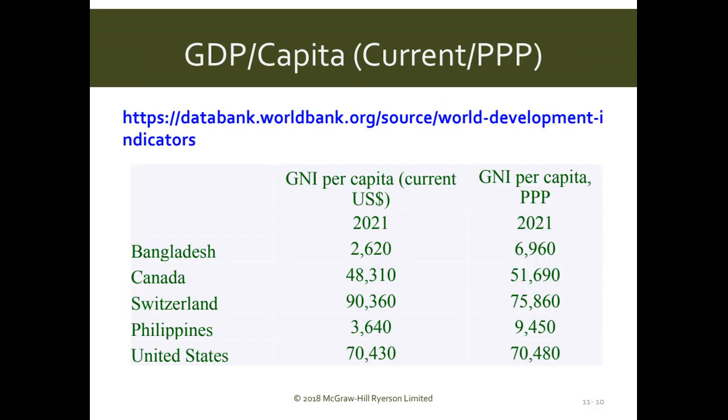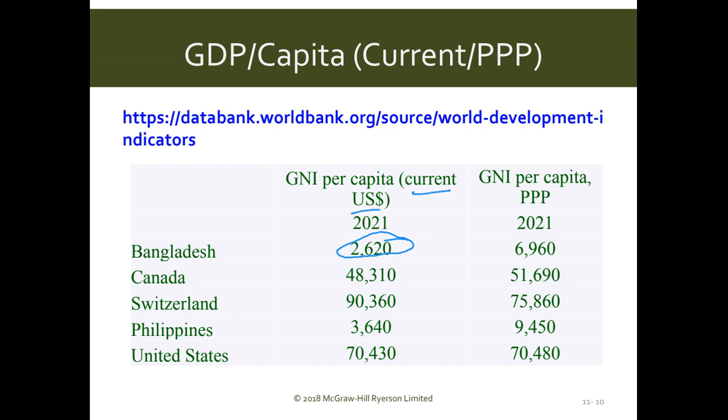So this is the table. I'll take two examples. Let's say Bangladesh. Notice that for Bangladesh, the GNI per capita, GNI meaning gross national income, same as GDP, and I am using current US dollars.